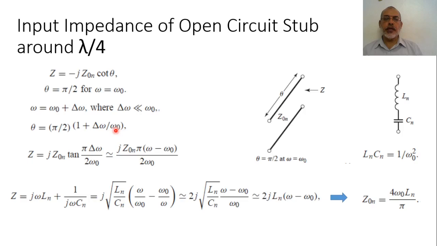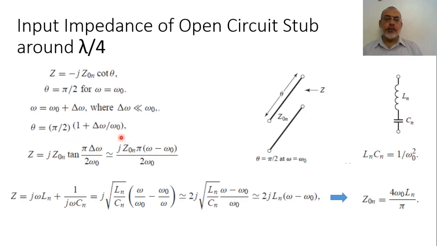We have an incremental change in the value of theta in this case. At omega equals omega naught plus delta omega, the input impedance would be minus jZ naught cotan theta, where theta is pi over 2 plus delta omega over omega naught.